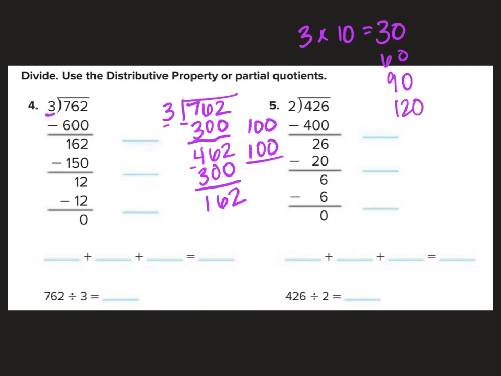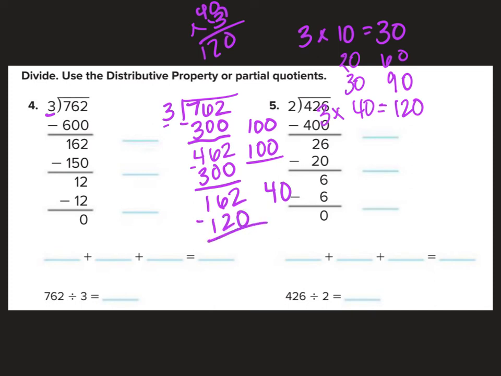So that would be 3 times 20, 3 times 30, 3 times 40. Let's do 40, just so you know that I'm not lying to you. 3 times 0 is 0. 3 times 4 is 12. 120. So I'm going to subtract 120. Then I'm left with 42.